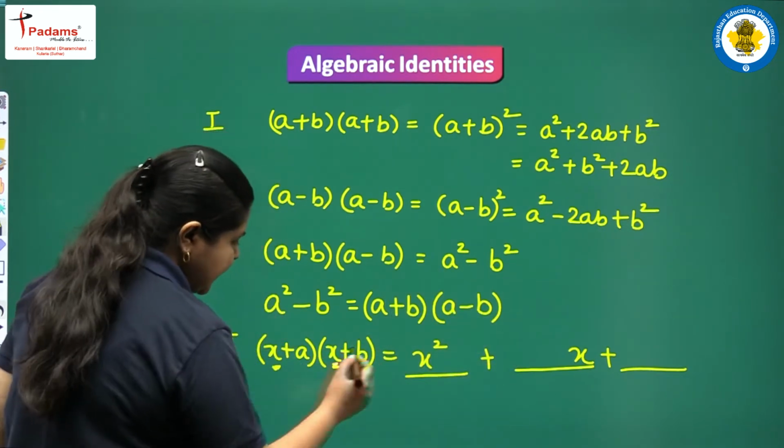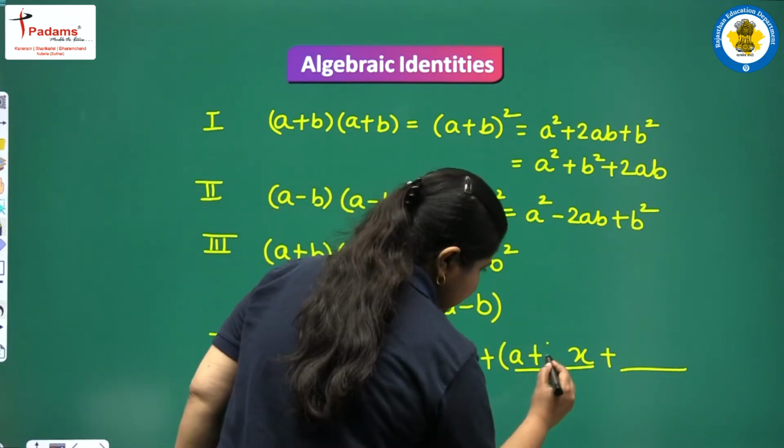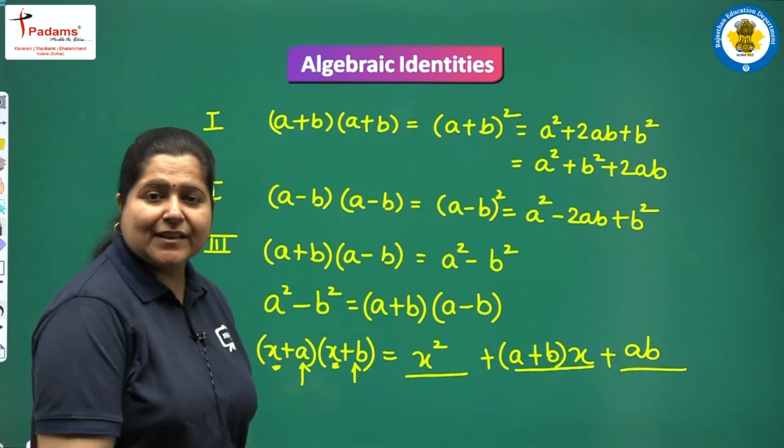Then we will be writing the sum of these 2 terms along with this x, a plus b here, and then here we will be having their product a into b. So these are the 4 identities.